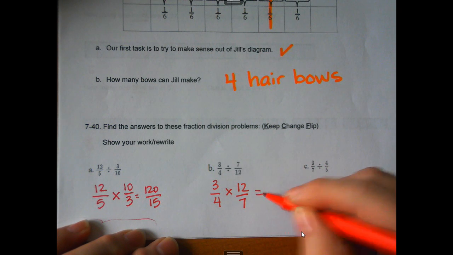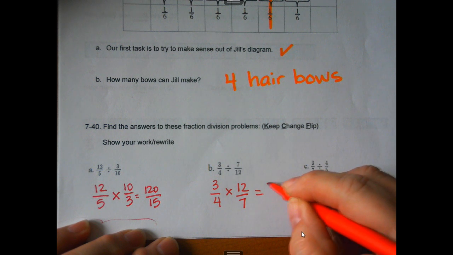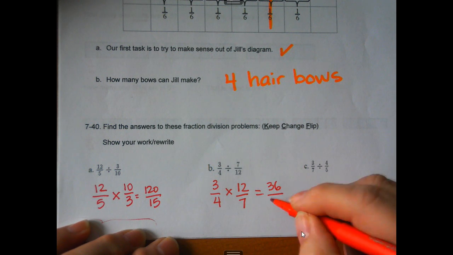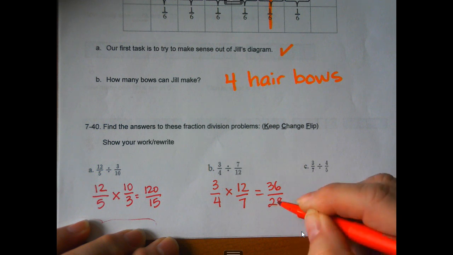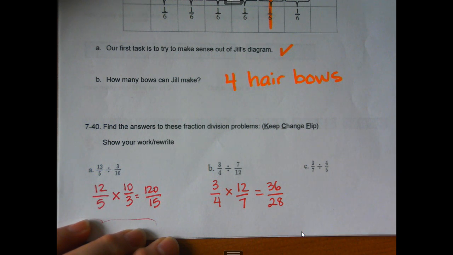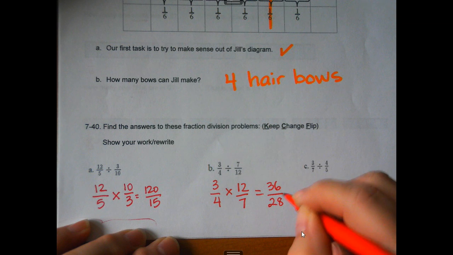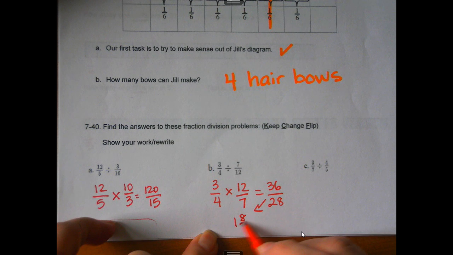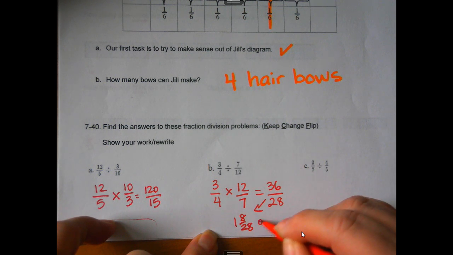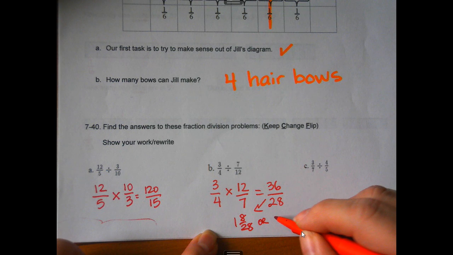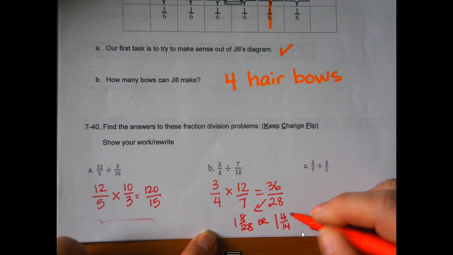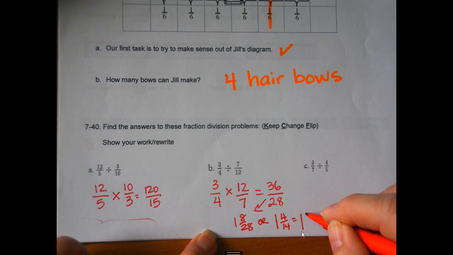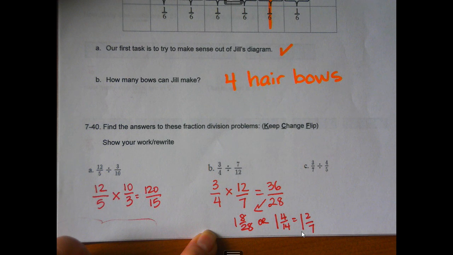Then to solve that problem, we multiply straight across and we end up with 36 over 28. Another way to write that is 36 28ths. Another way to say that, we could rewrite that as 1 and 8/28 if we wanted to, or we could reduce that down to 1 and 4/14, or go all the way and have it reduced down to 1 and 2/7.